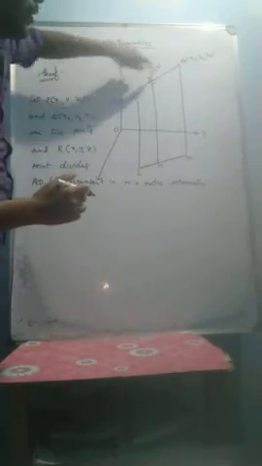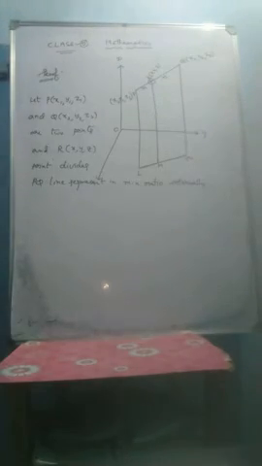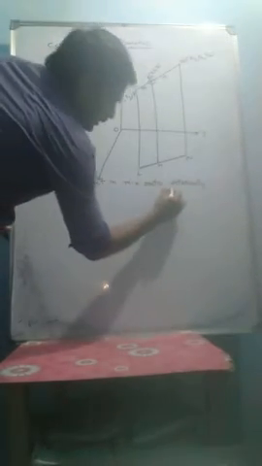So where is R? This R is in the middle of PQ, that means internal. So this R point is dividing PQ in the ratio M is to N. So this is the internal case.